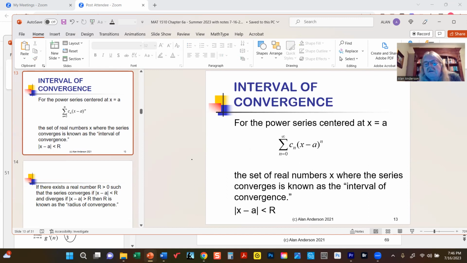That means all the x's within 1 of a, those less than 1 away from a, are going to be the interval of convergence. Let's see, here's our a.